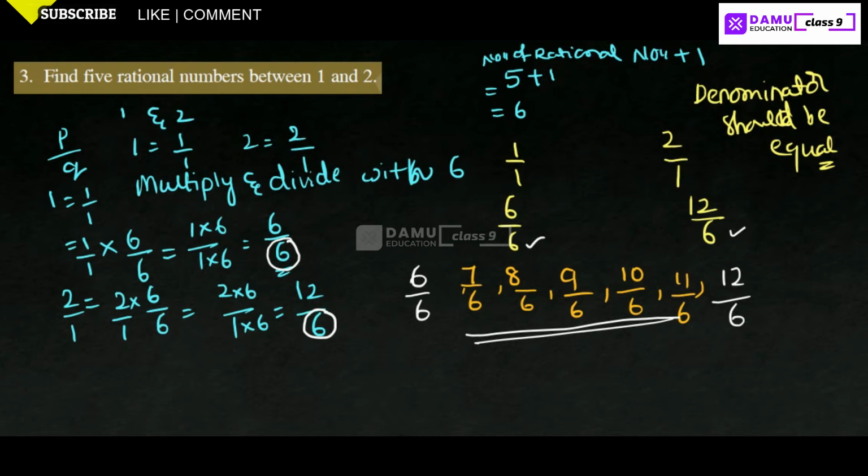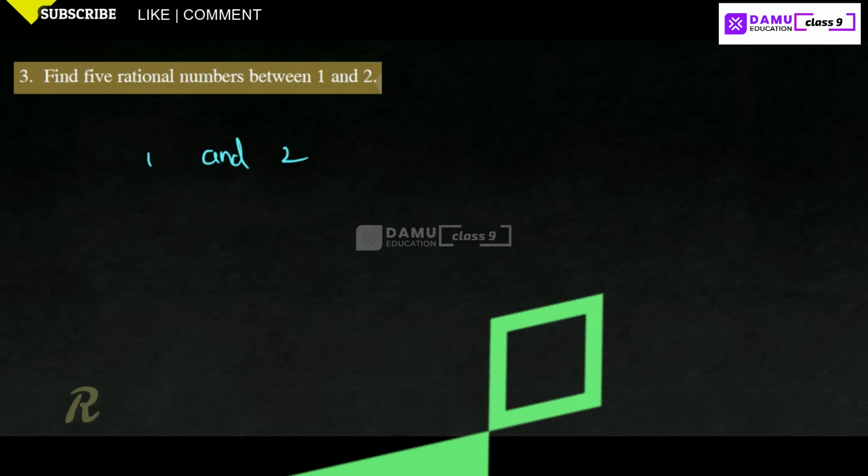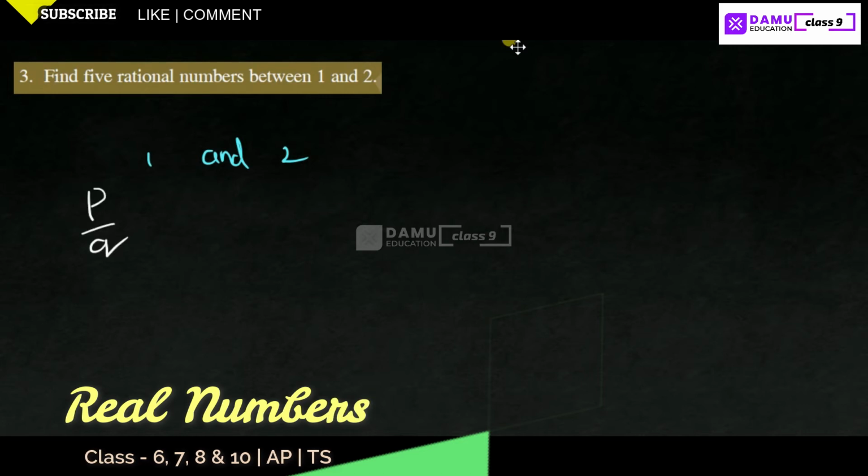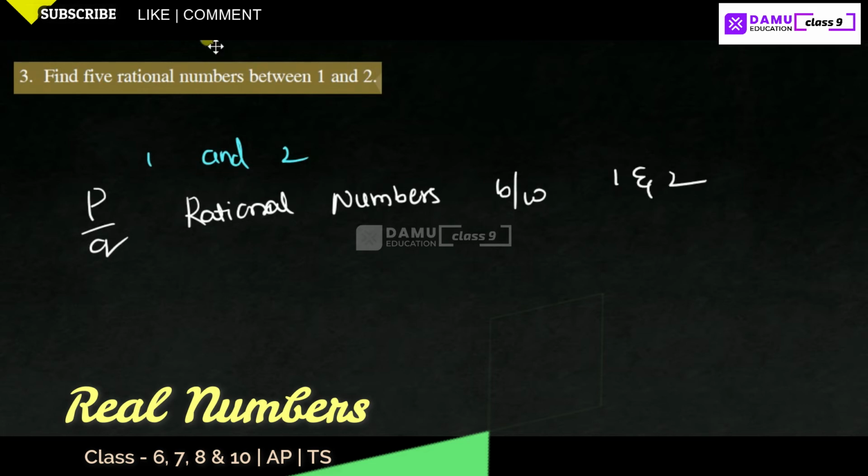Or we can go with another method, simply 1 and 2. After 1, how many rational numbers can we write? We can write in decimal format, that is p by q only, but we can convert it. So let's write rational numbers between 1 and 2. What you can write here is 1.1, 1.2, 1.3, 1.4, 1.5 and so on.